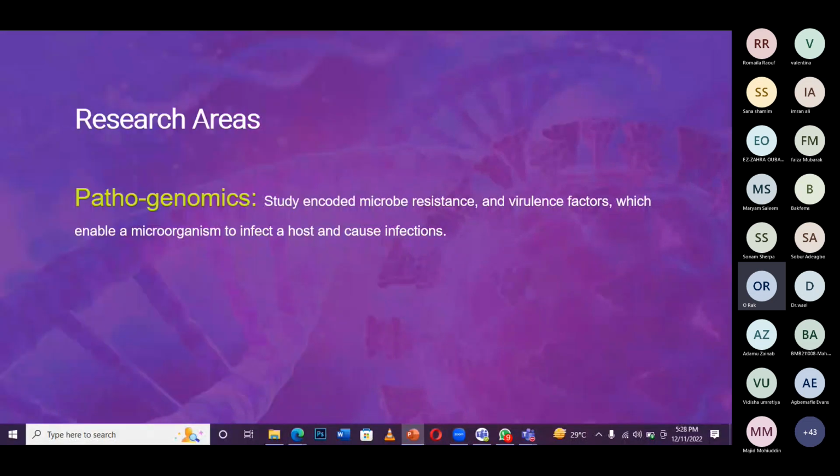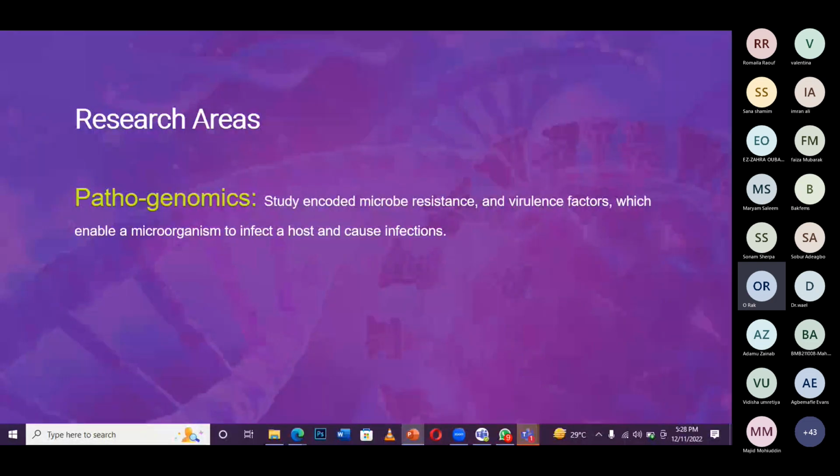It deals with studying the microbial genomic structure of pathogenic microbes, focusing on the resistive nature of the pathogenic microbes and the virulence factors involved, all of which enable the microorganism to infect the host and cause disease.